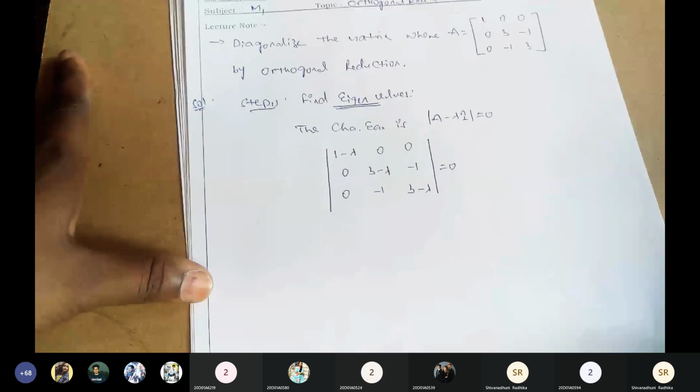By the simplification of the determinant using the determinant formula, what are the eigenvalues? I'm going to use the formula: 1 minus lambda into (3 minus lambda) whole square minus 1, minus 0 plus 0 equals 0. Clear? Now 1 minus lambda into (a minus b) whole square.